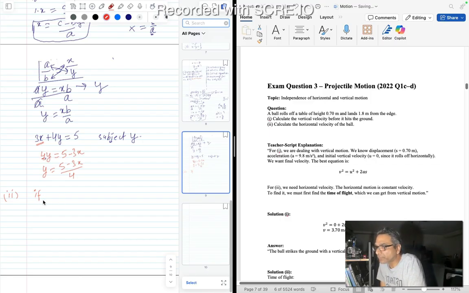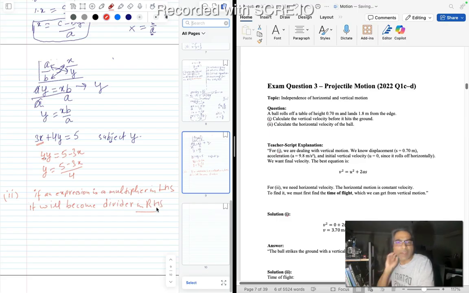So I'm saying if an expression is a multiplier in the LHS, it will become a divider in the RHS. This is the layman statement, right?